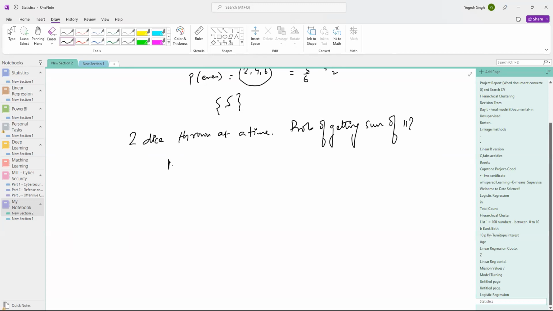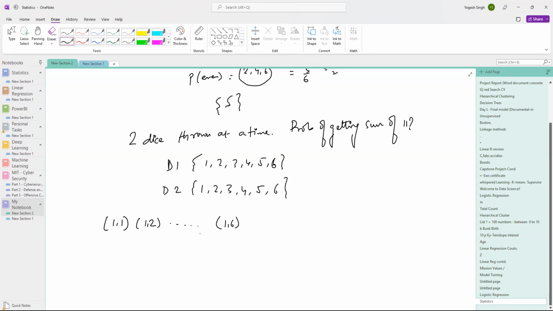Okay, so let's say dice 1, what is the sample space? 1, 2, 3, 4, 5, 6. Dice 2 also has 1, 2, 3, 4, 5, 6, correct? Yes. Now what sample space will be formed? It will be (1,1), (1,2) till (1,6), correct?